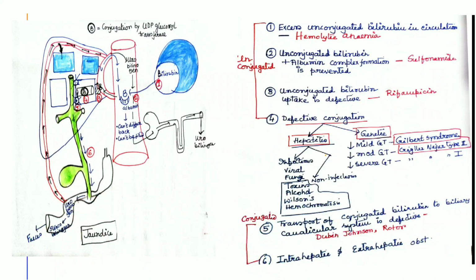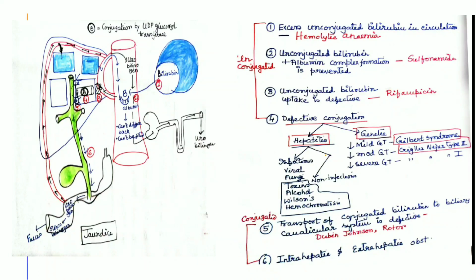So hemolytic anemia, cause number 1, may cause the jaundice, that is the hemolytic jaundice, where the unconjugated bilirubin level is increased. Second point is that if the bilirubin cannot combine with the albumin, it will not be transported to the hepatocyte and it will not be conjugated. So in that case also, the unconjugated bilirubin level will be high and the patient will suffer from unconjugated hyperbilirubinemia.